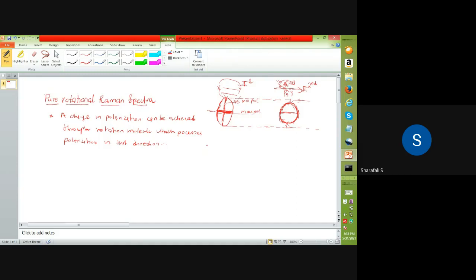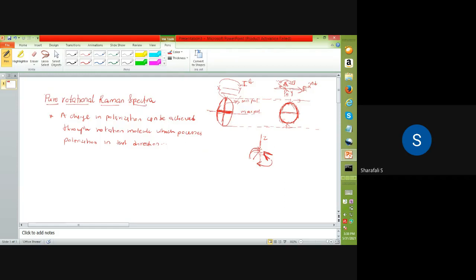So, for example, we can also consider a symmetric molecule like CH3Cl or something like that. In that case also we have this kind of symmetry. And if you consider the molecule rotating like this with respect to this axis, axis Z, then that will not produce any change in the polarization.